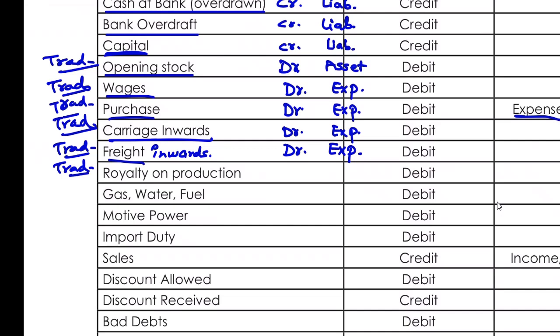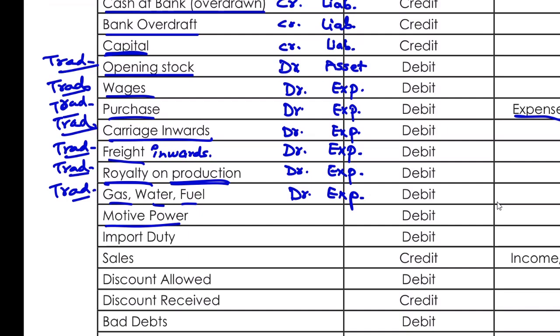If I have been given a formula for making a medicine, then for every medicine produced I need to pay a royalty to the person who gave me the formula. So that is also an expense related to our goods. It will come in our trading account. Gas, water, fuel are also trading account items because these are direct expenses of your goods.